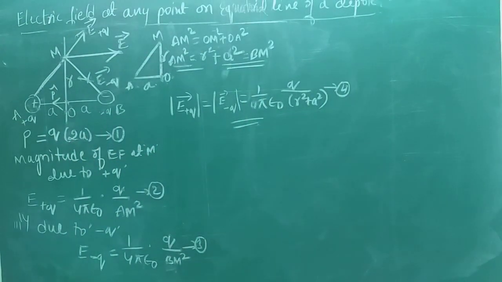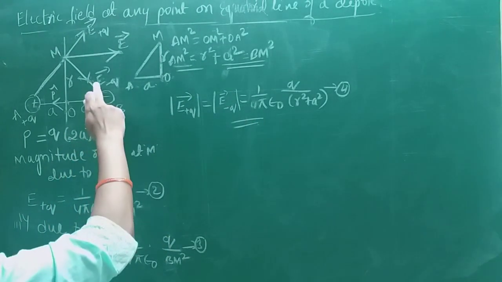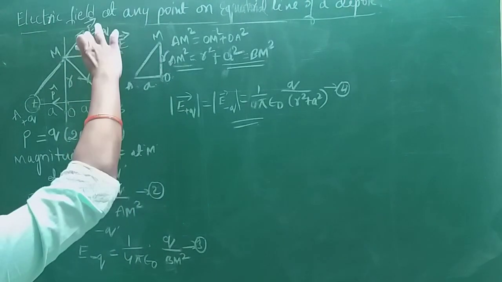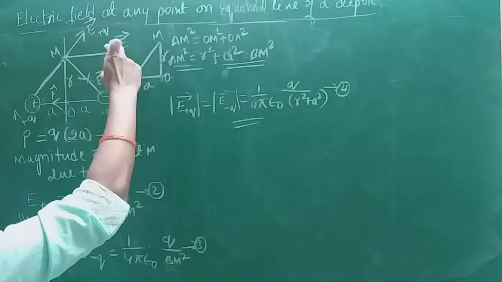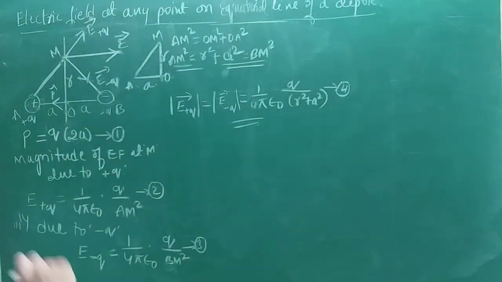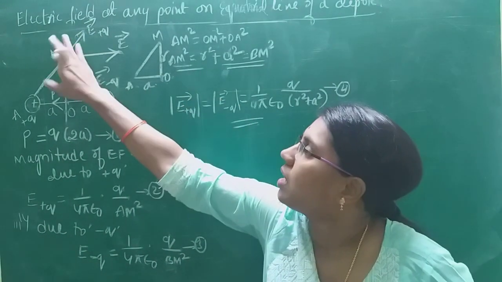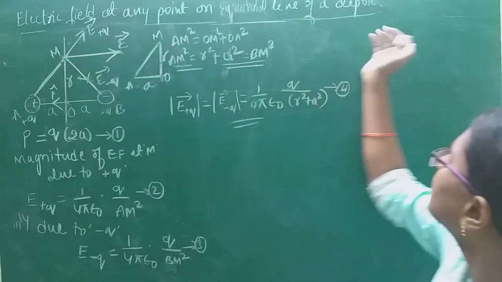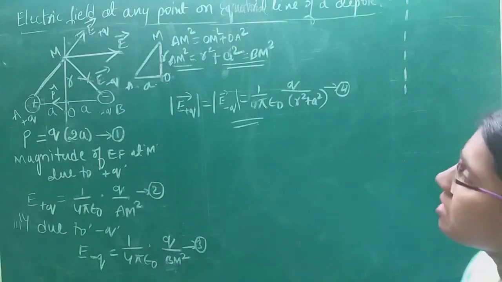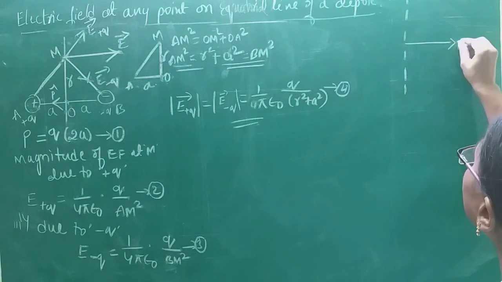Now see, this is in magnitude, but the directions are not the same. They are different. Now we have to find out the total field. In order to apply the superposition principle, we need to know what is the direction of the total field. So let us consider the widest view of this. Here this is the bisector line, and here is the direction of the total electric field.